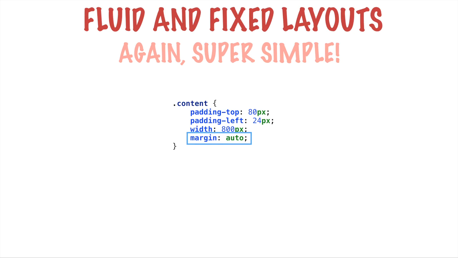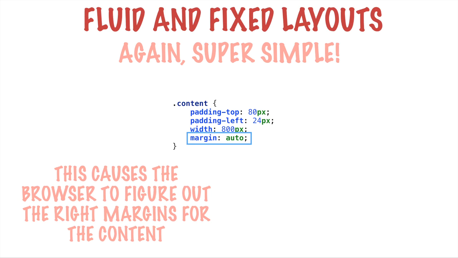So, to the content portion of your HTML, in the .content CSS class, you'll add one property, and that is margin: auto. We've seen margin before. Margin specifies how much space to leave between an element and its parent element or outer element.